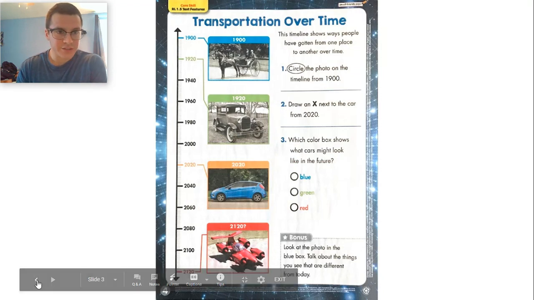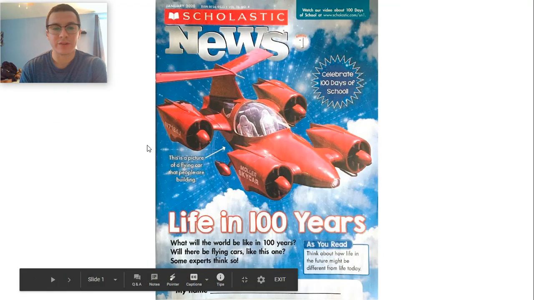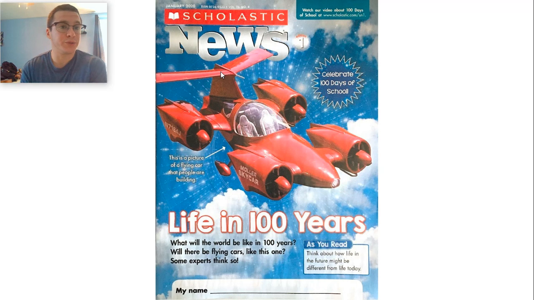All right, so let's start at the beginning. So this is the cover of our article. I know that I see a photograph of this futuristic looking car. So we know that photographs is definitely one of our text features. There's this label here that's telling me something about this car. It says this is a picture of a flying car that people are building.